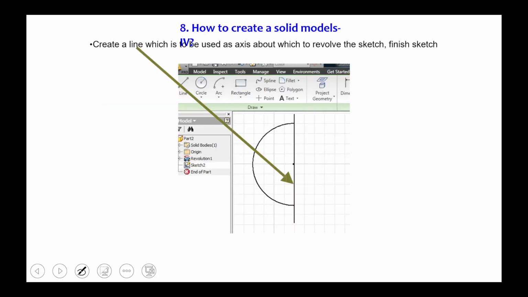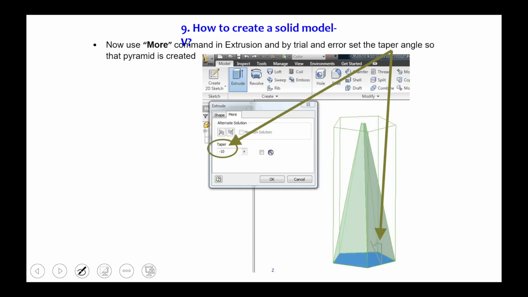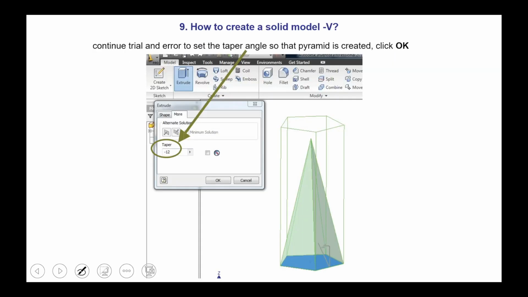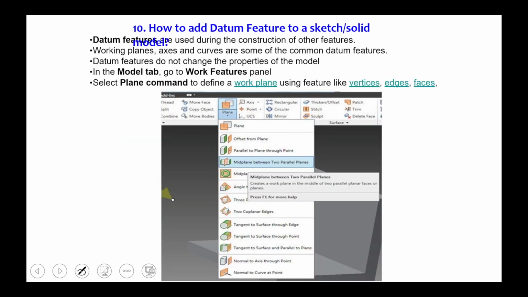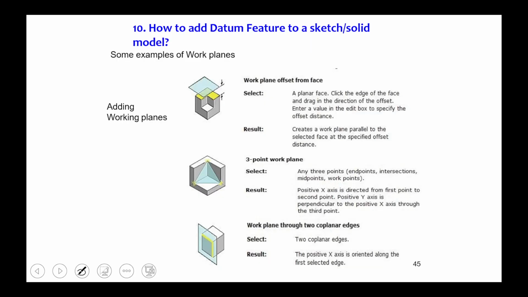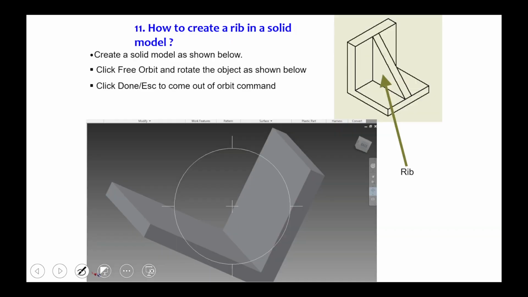You can use any component radius. If you want to add a plane, you can use that. This shows how to cut that plane, and how to create ribs in the solid.